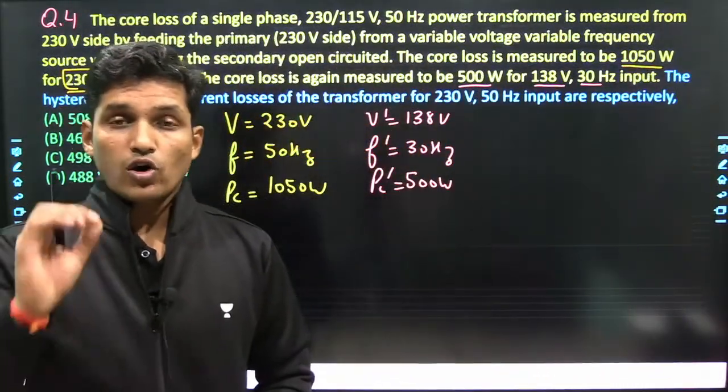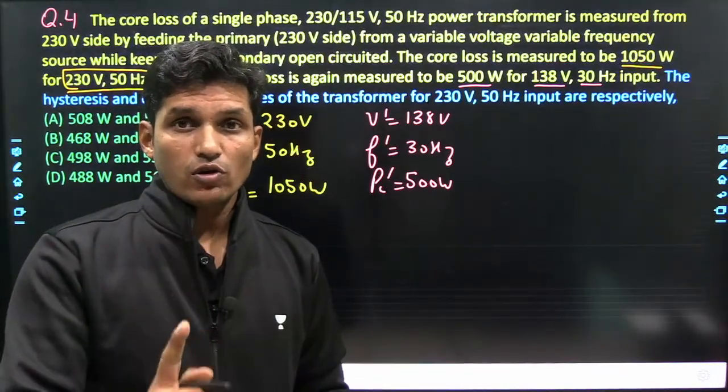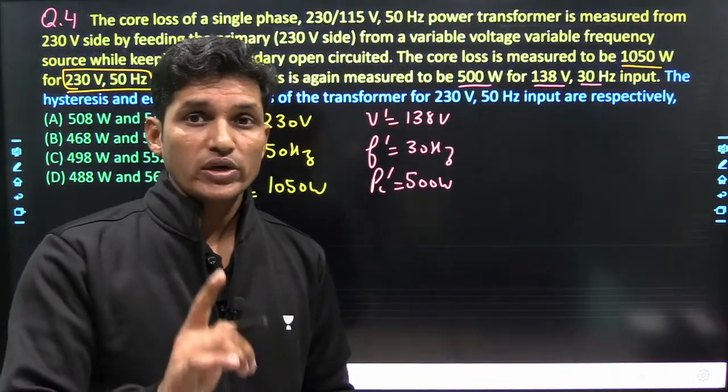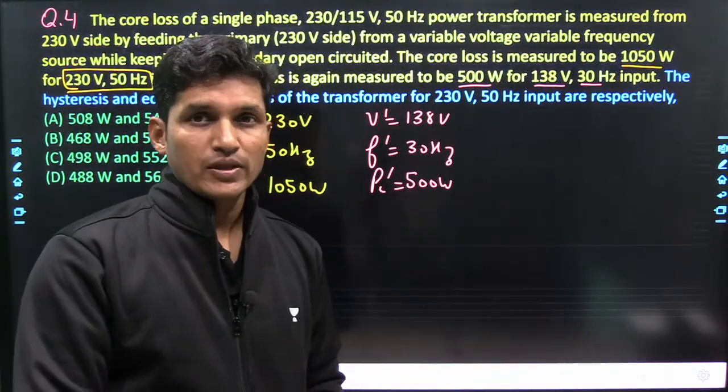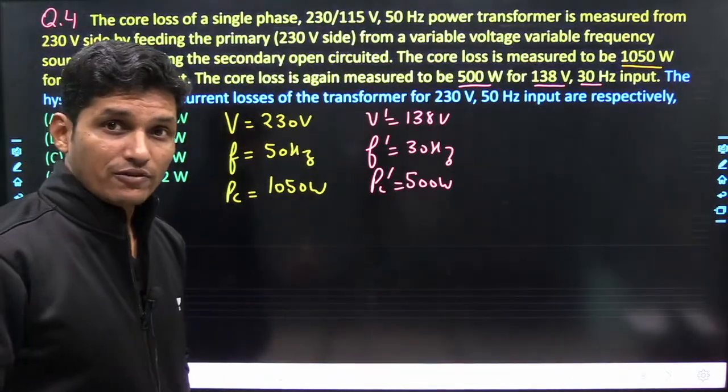For any question on core losses, first of all you have to find out whether the ratio of voltage by frequency is constant or not. So in this case we have to check whether V by F is constant.